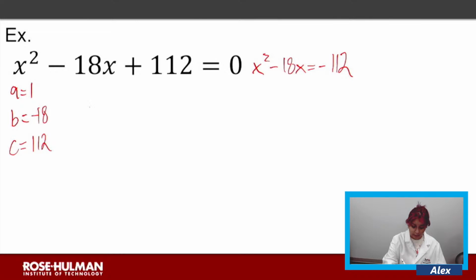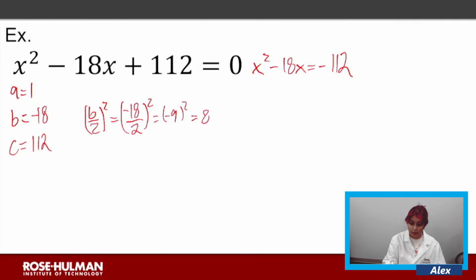Next we have to find what b over 2 squared is. Our b here is negative 18 over 2 squared. Well, 18 over 2 being 9, negative 9 squared gives us 81.